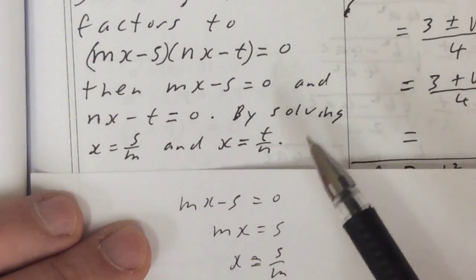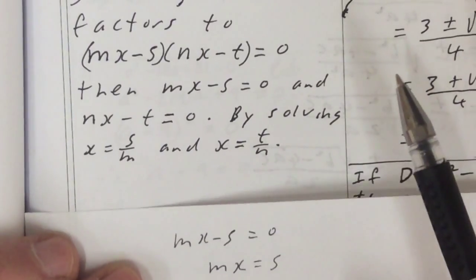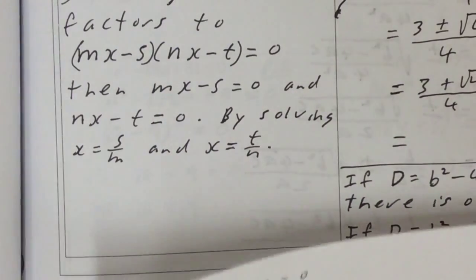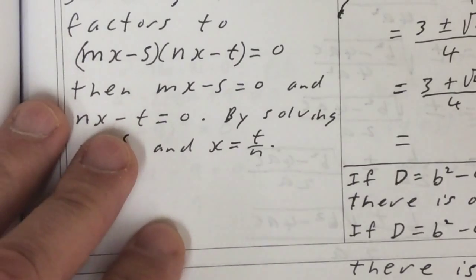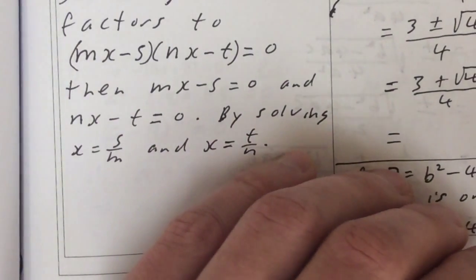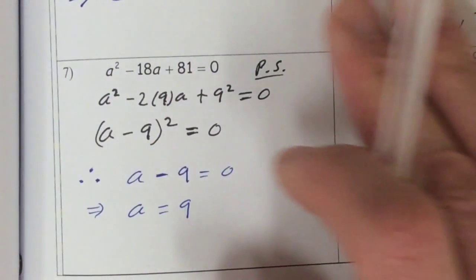And the same process gets you x equal to t over n. So that's solving by factoring. If you can factor it, then you can solve it.